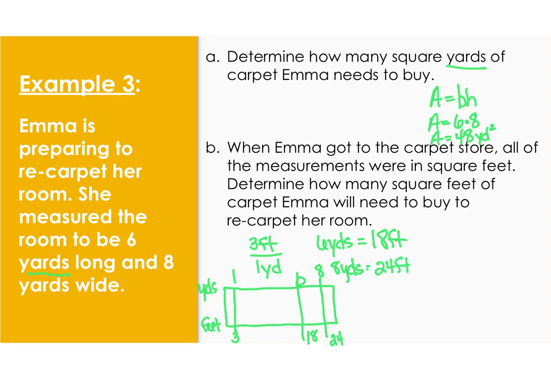And now I can use my area formula once again. Area equals base times height. Plug in my feet. And the area in square feet is 432 feet squared.